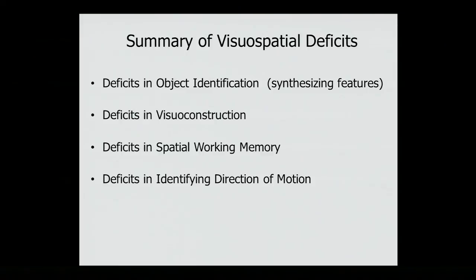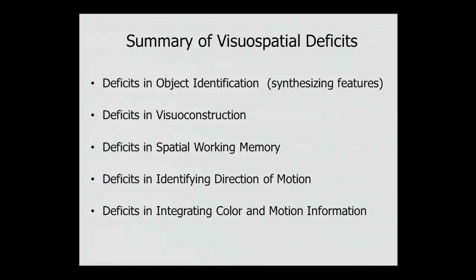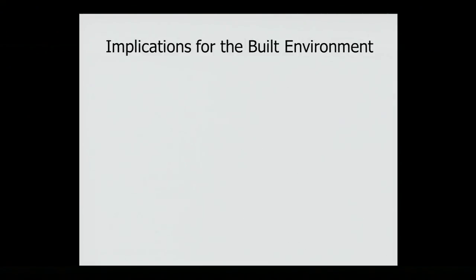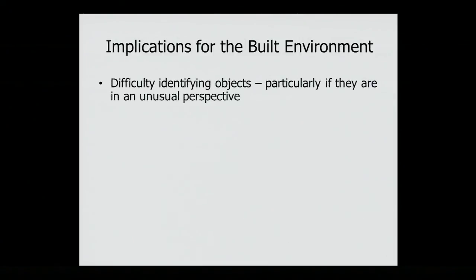And they have deficits in identifying the direction of motion, particularly patients with dementia with Lewy bodies, and deficits in integrating color and motion information. And finally, they do have some deficit in visual search, particularly if they have to integrate features of the visual stimulus.